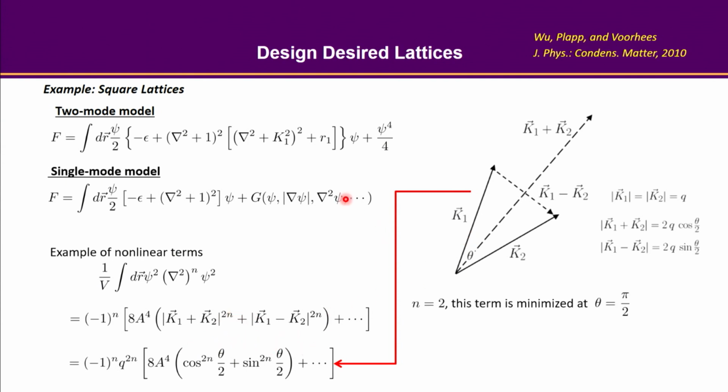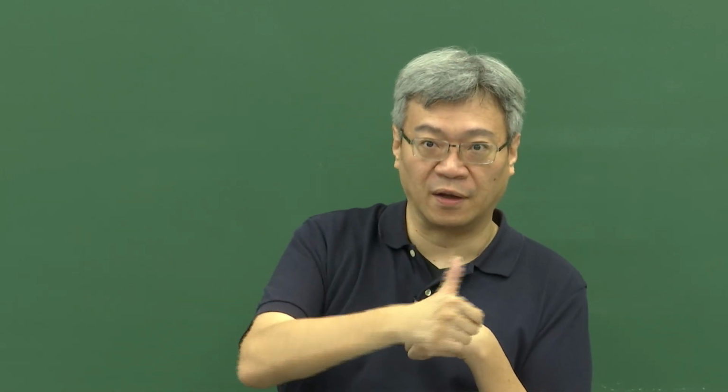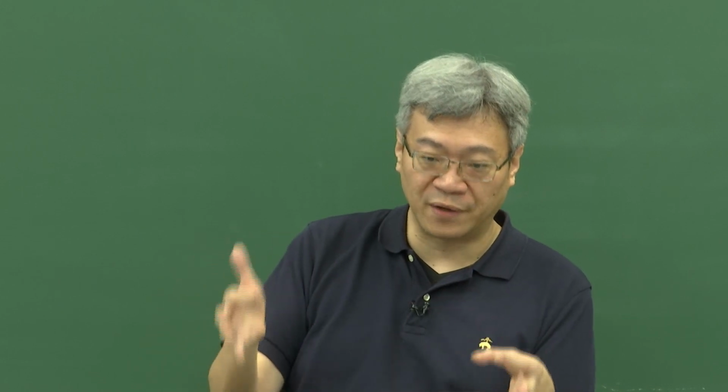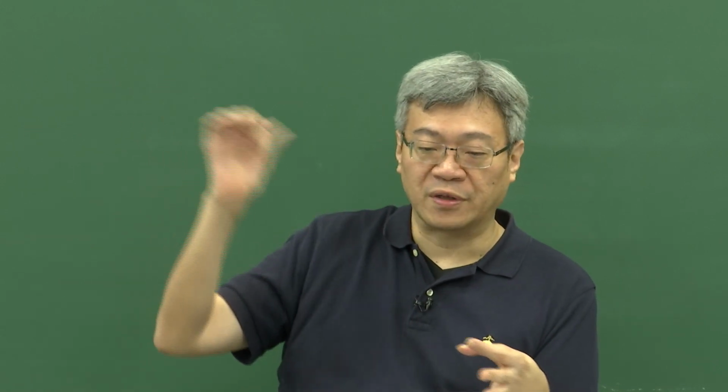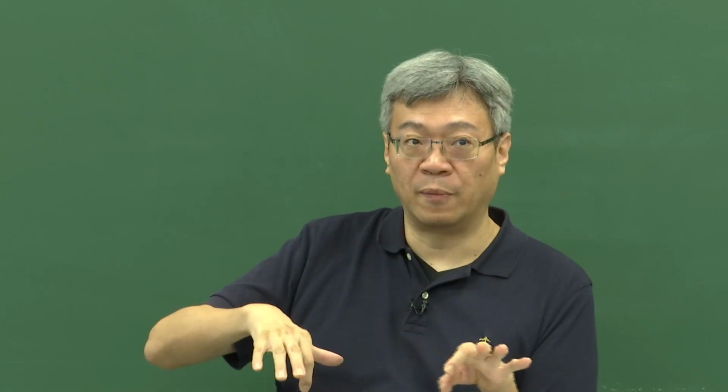So for example, if n equals 2, you can see, if n equals 1, that would be just cosine squared plus sine squared, which always equals 1. So it does not depend on the angle. But if n equals 2, you can see that to minimize this term, theta has to be pi over 2. So initially, if you set up a system with a tiny perturbation, which means the system doesn't have any preference in the very beginning, it's just according to the linear instability, all density waves with magnitude equal to q will be picked up.